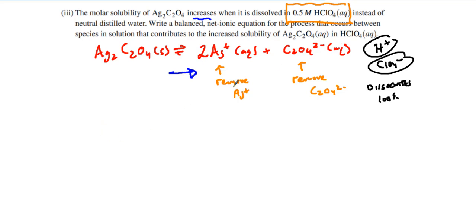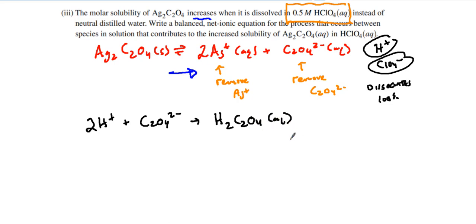And so, let's say this H plus ion reacts with the C2O4 minus 2 ion. And we have 2 moles of that because we have to balance the charges, and that would make a possible weak acid, H2C2O4 aqueous, and that weak acid will not dissociate very much.